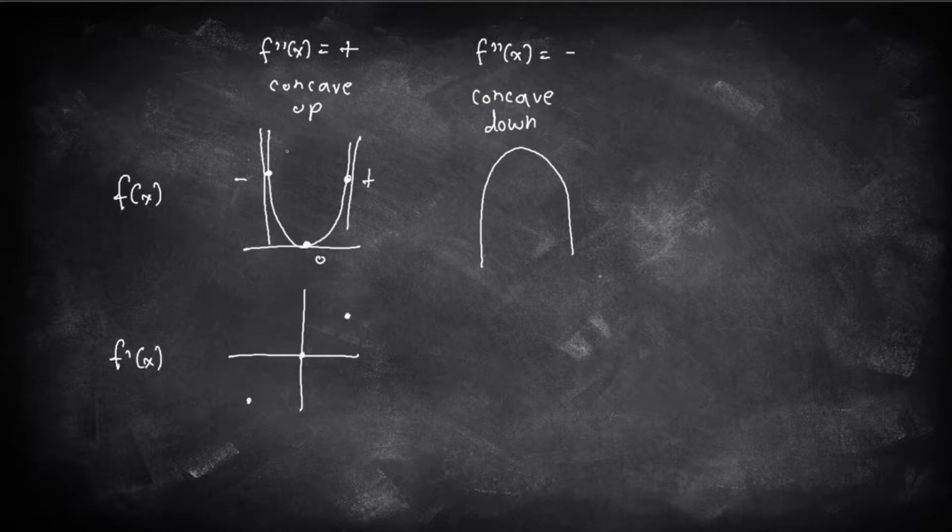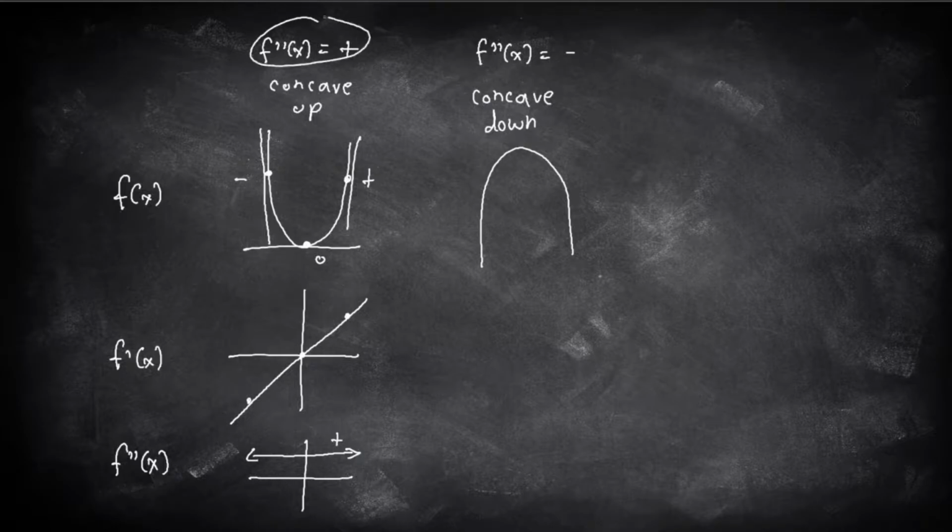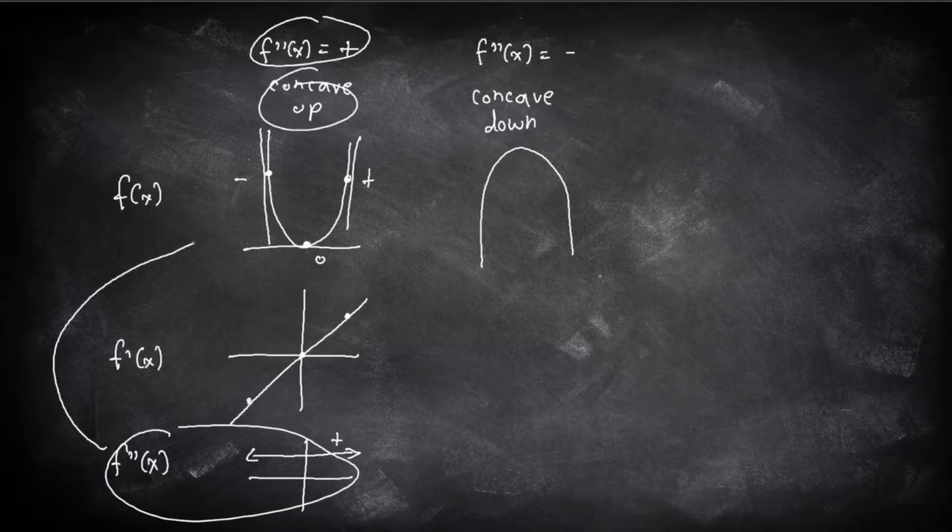The derivative of a parabola is a linear function. Now you take the derivative of that. This linear function has a positive slope, so the second derivative is positive. As you see, a positive second derivative means it's concave up.